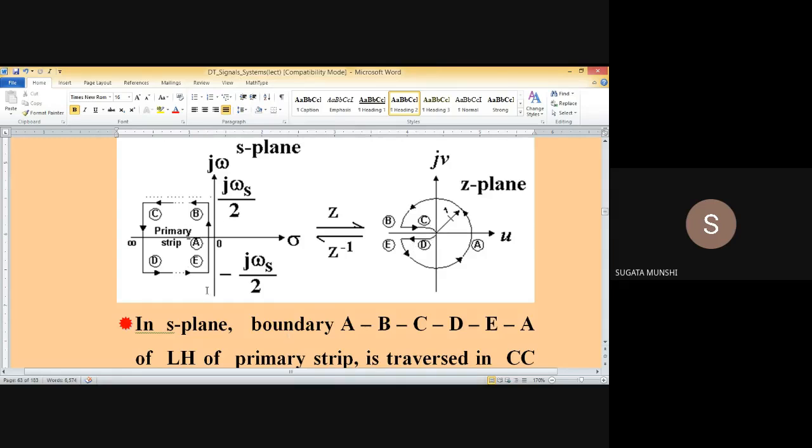The argument will gradually become less, and the omega value will gradually become less and less negative. Omega becoming less and less negative means you are traveling in this direction. From minus pi, it becomes less and less negative. So as you reach A again, the argument becomes 0, you are here. So this is the contour that is traversed.